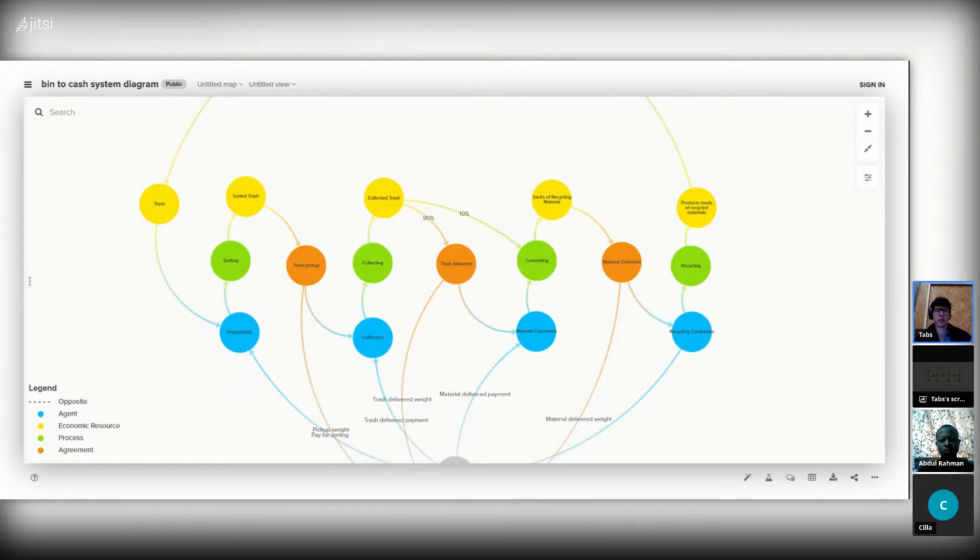I think it was here. No. But this is a really good resource for basically trying to articulate how a system fits together.